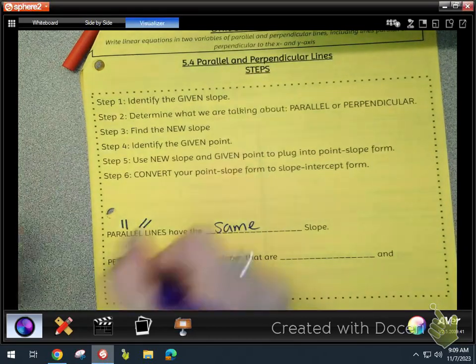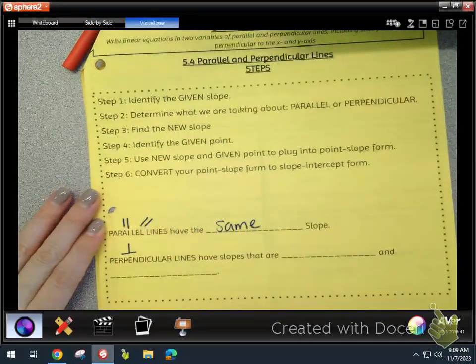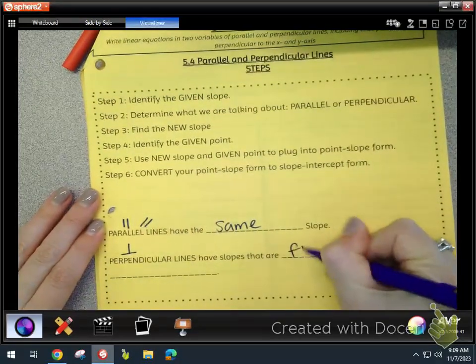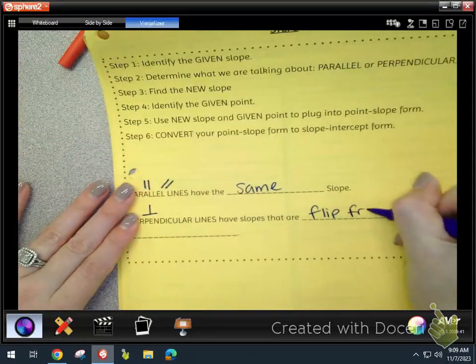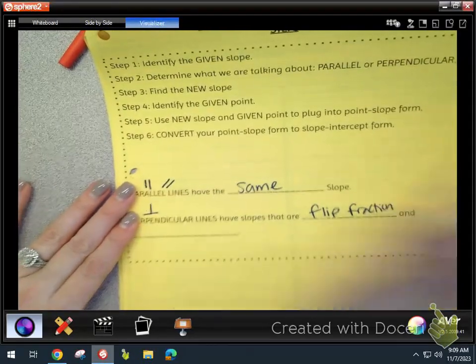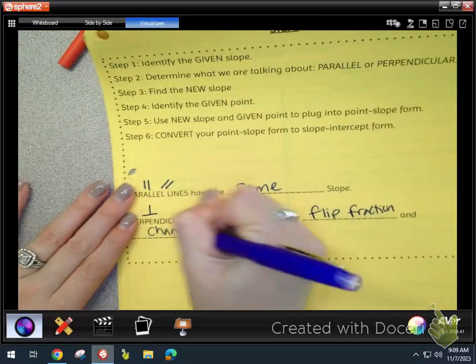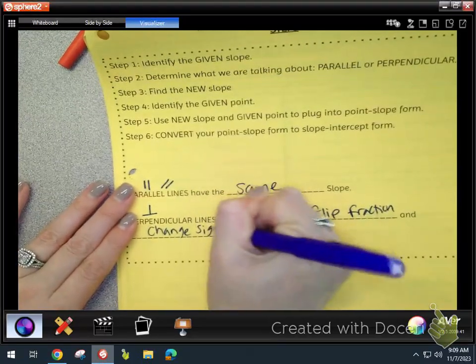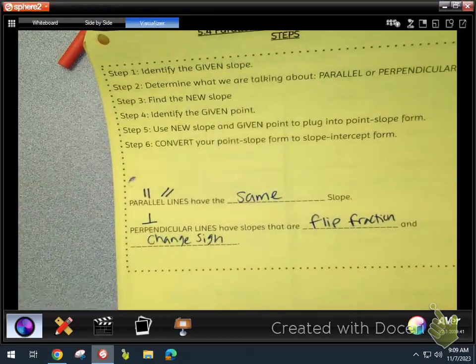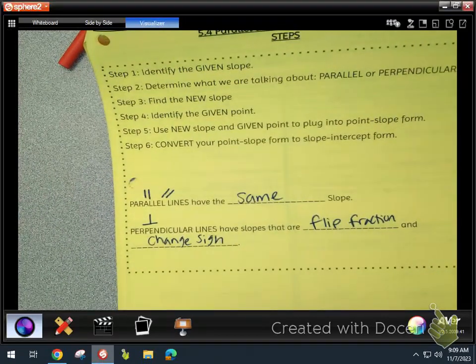What if it said perpendicular? What do you do with perpendicular? Perpendicular lines, you flip the fraction and change the sign. Flip and change, like you said, is what the jingle goes. But you're technically flipping the fraction and changing the sign.